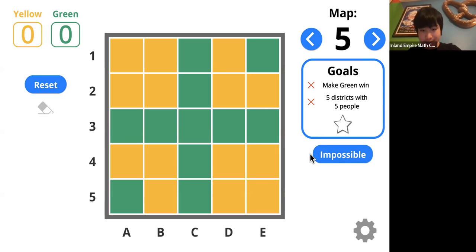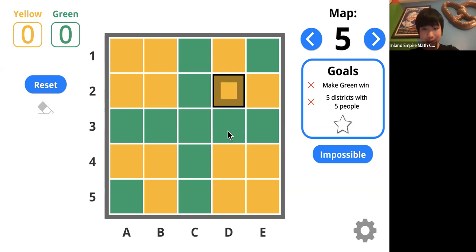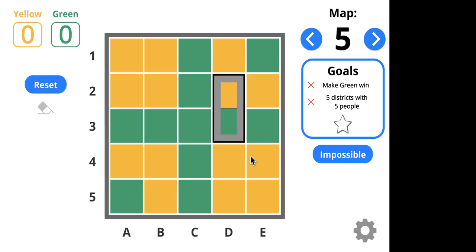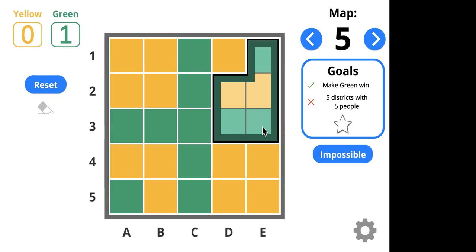So we should remember the principle of wasting people's votes. So 2, 3, D, and then 1, 2, 3, E. 2, 3, E. And then just the whole C column.